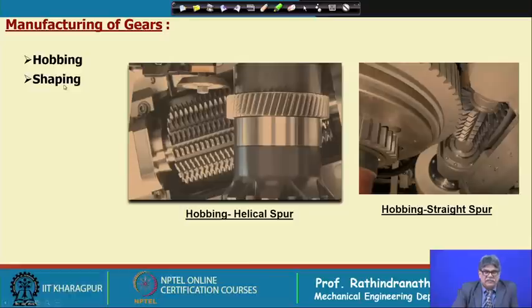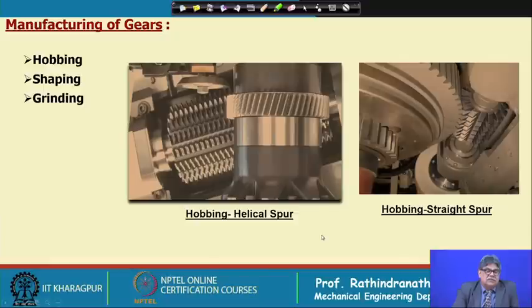In case of shaping, a tool will move up and down as well as rotate and it will generate the gear. We mostly use it for straight spur gear. However, it can also be used for helical gear cutting.